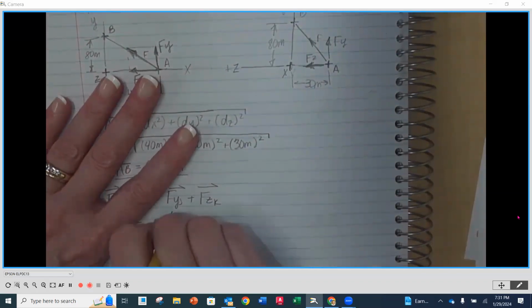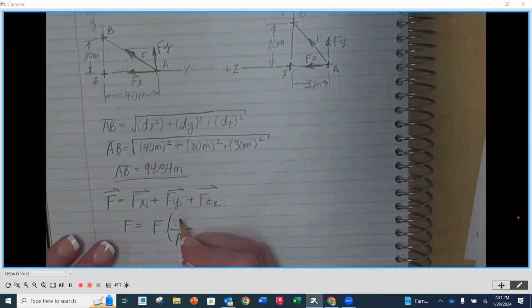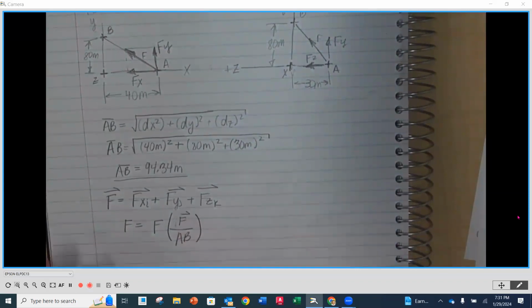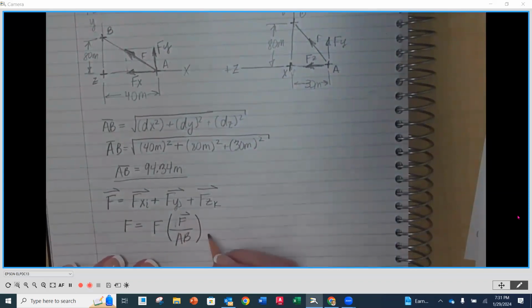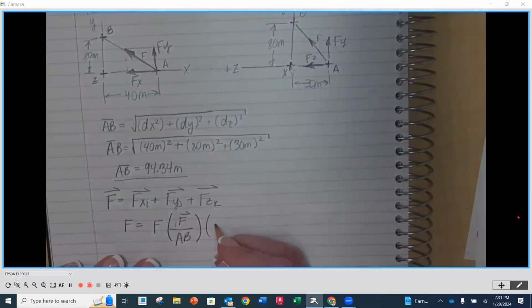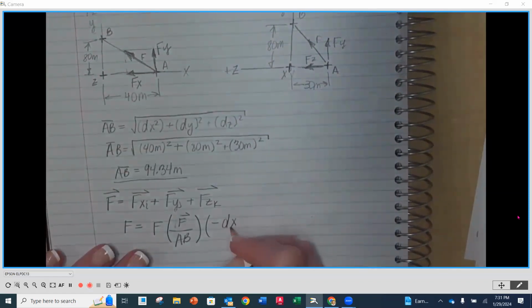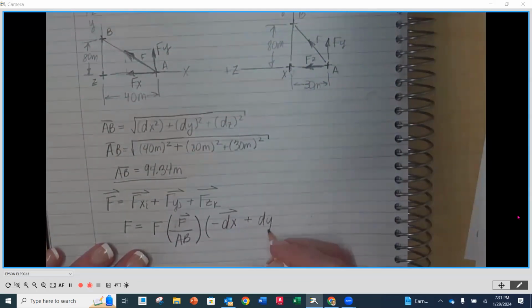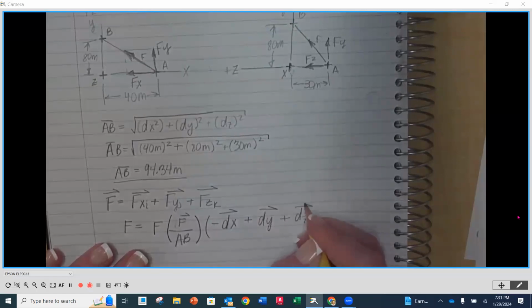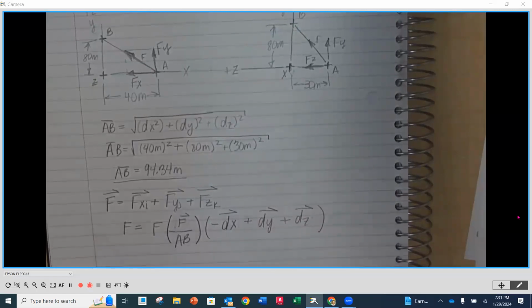The top is going to be our F vector, okay? And we're going to multiply that by the negative, I'm going to put it in variable form first. Dx vector plus the dy vector plus the dz vector, okay?